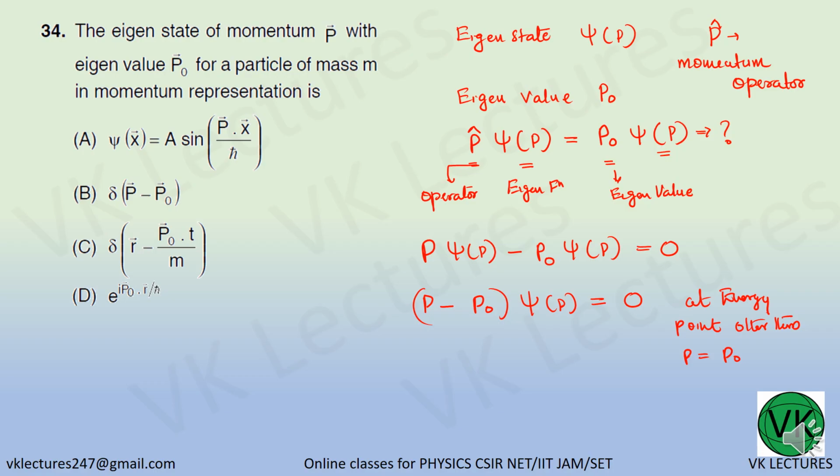That means at every point other than p equal to p naught, psi of p equals 0. Now if you consider the momentum space from minus infinity to plus infinity, suppose this is p equal to p naught. At this point you have a wave function, and at all other points the wave function is 0.